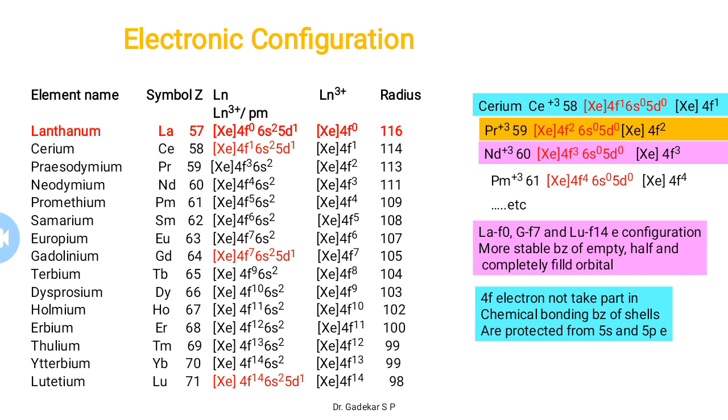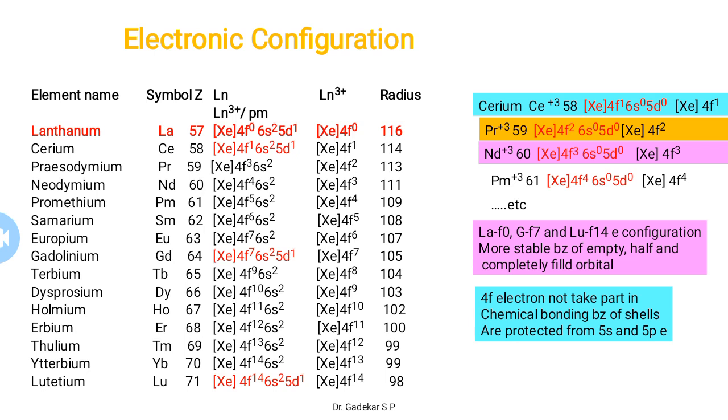There is a difference in properties between f block elements and d block elements. The properties of lanthanides and d block transition elements are different. There is variation in chemical properties, and the stereochemistry and stability are different.